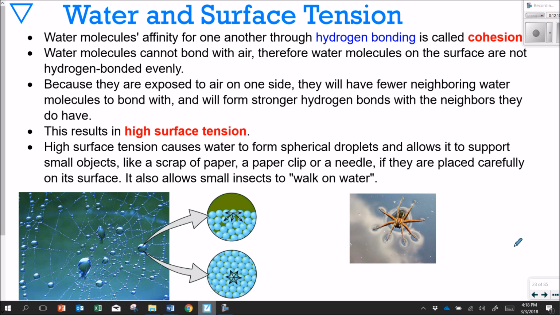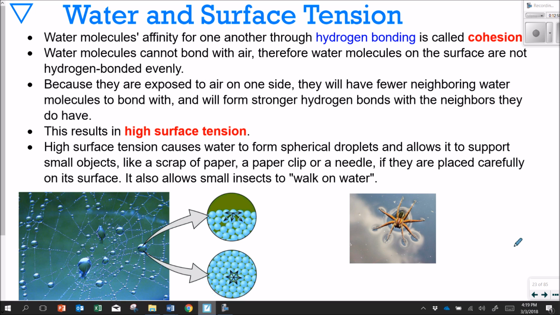Let's look at surface tension. Water molecules' affinity for one another through hydrogen bonding is called cohesion. The water molecules cannot form hydrogen bonds with air, so the water molecules on the surface are not hydrogen bonded evenly. They are exposed to air on one side, and they will have fewer neighboring water molecules, so they will form stronger hydrogen bonds with the neighbors they do have, and this results in high surface tension.